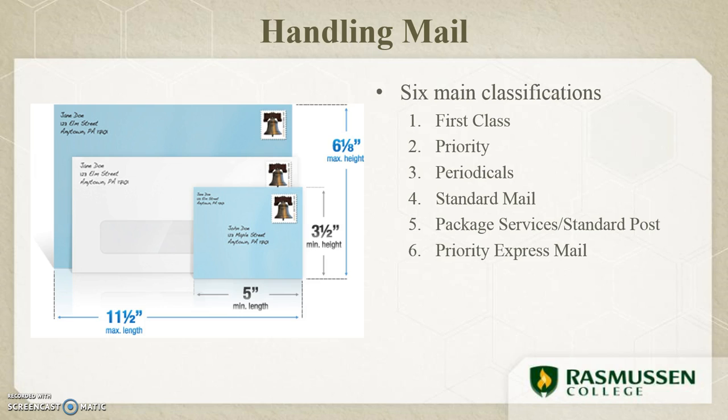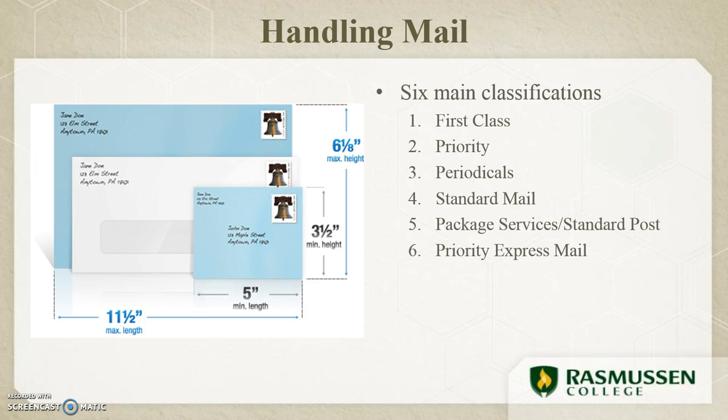This is things like letters, postcards, business reply cards, and all of this will have to weigh less than 13 ounces to be considered first-class mail. Priority mail is first-class mail, essentially that weighs more than 13 ounces, but less than 70 pounds. And typically with priority mail, the person should receive this within 1 to 3 business days.